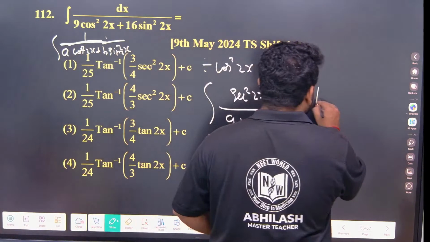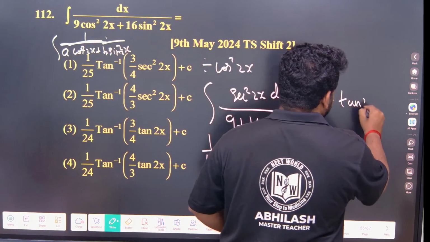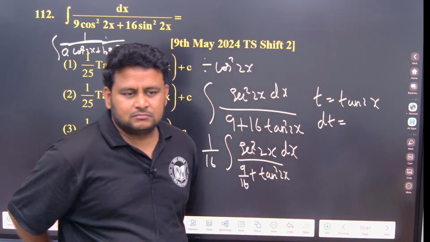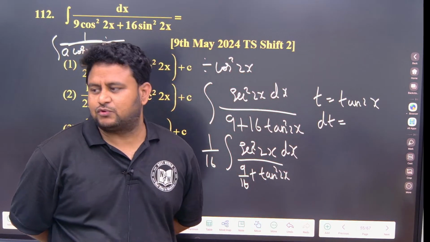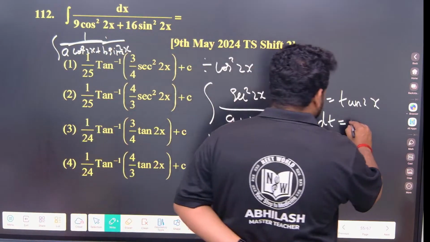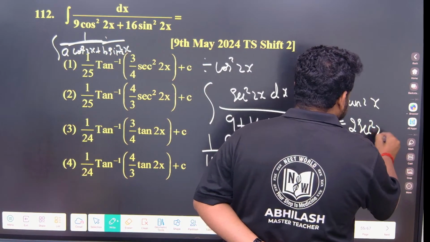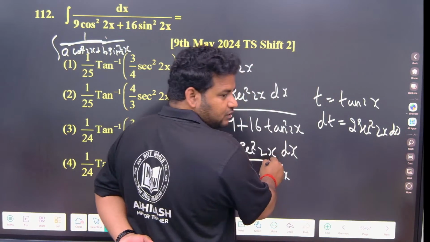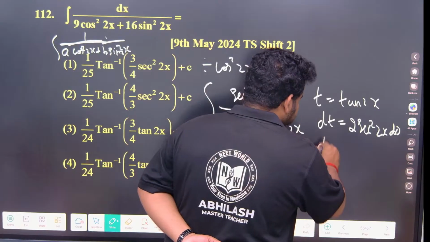If I take t is equal to tan 2x, dt will become 2 secant square 2x dx. We are having secant square 2x dx, I don't want 2, so I will bring this 2 down.